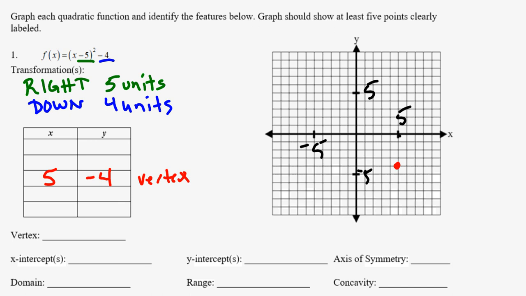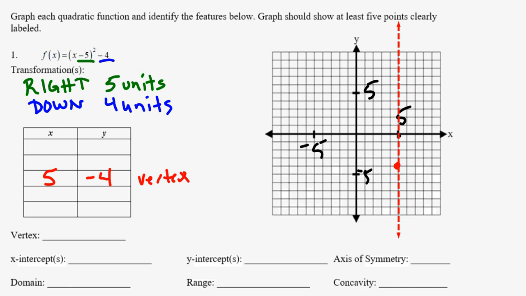Now, what I can do, a couple things at this point here. Because I know where the vertex is, we have talked about how the mirror, the axis of symmetry, is going through that vertex. So I could draw in my mirror, my axis of symmetry right here at x equals 5. And that would help me build my table around it.